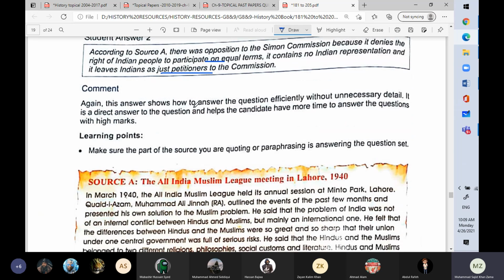Again, this answer shows how to answer the question efficiently without unnecessary detail. It is a direct answer to the question that helps the candidate have more time to answer the other questions as well. So learning point: make sure that the part of the source or paragraph you are quoting is answering the question set.